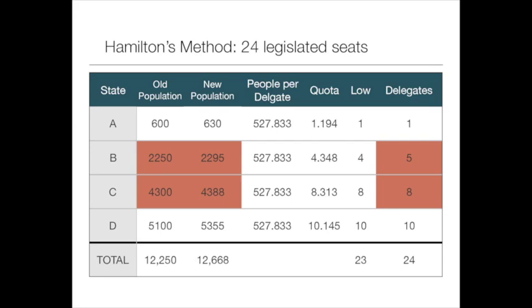What happened to state C? It also went up. But let's focus on C. In the old population, let's say 1960, who was bigger, C or B? C, right? 4,300 to 2,250. In the new population, who's bigger? So C starts bigger, C ends bigger.